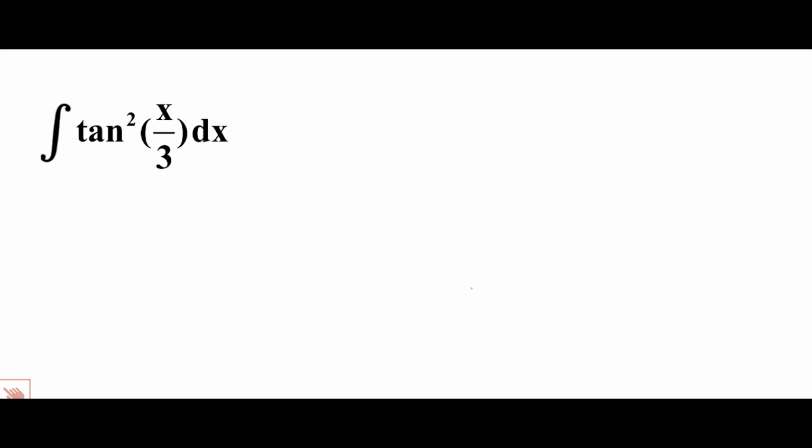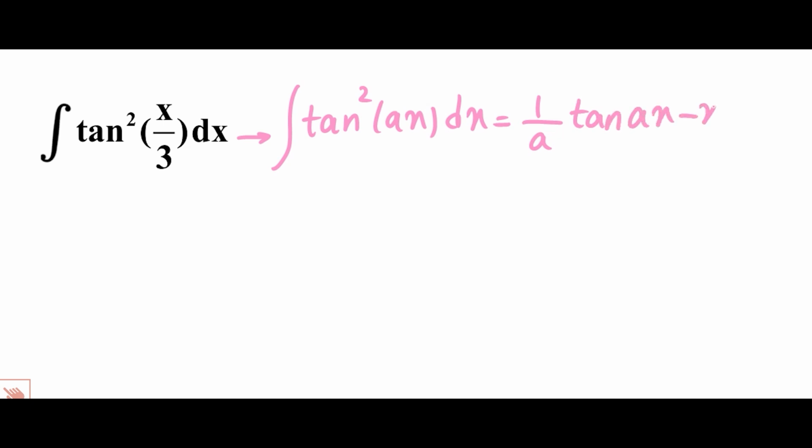The integral of tangent squared x over 3 dx. As you know, the integral of tangent squared of ax dx equals 1 over a tangent of ax minus x plus c. Right?